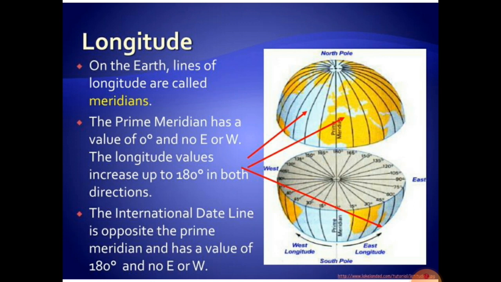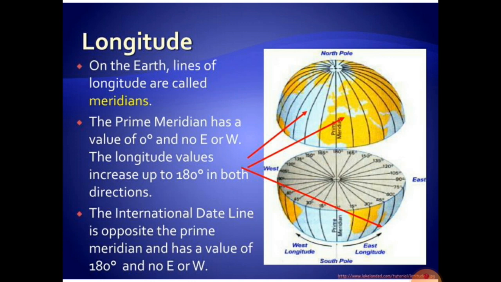See, longitudes on the earth, the lines of longitude, are also known as the meridians, and the prime meridian has a value of 0 degree. There is no indication of E or W. Why? Because it does not move to any direction side. It is constant and it is at 0 degree.